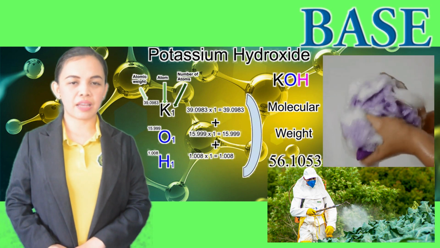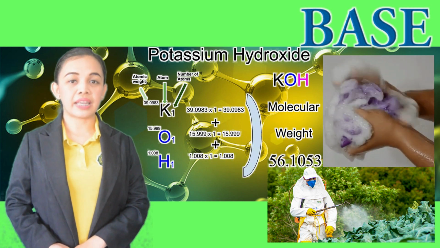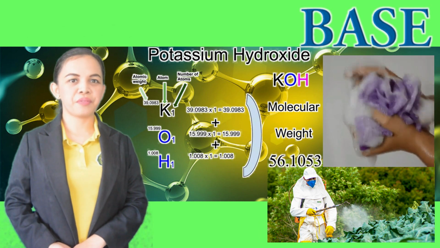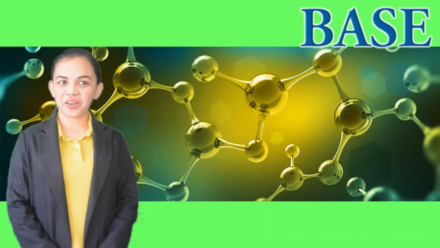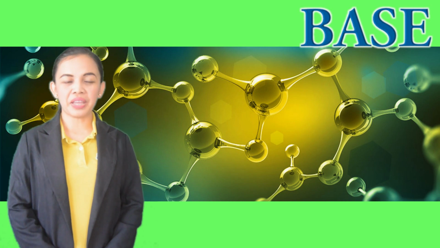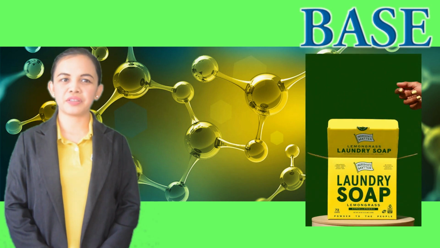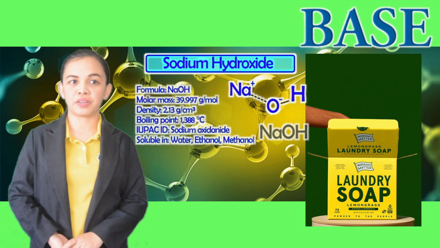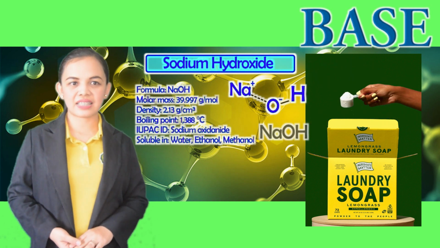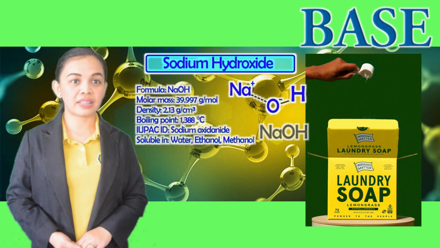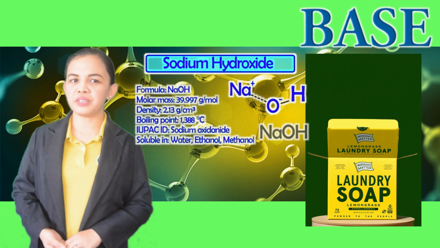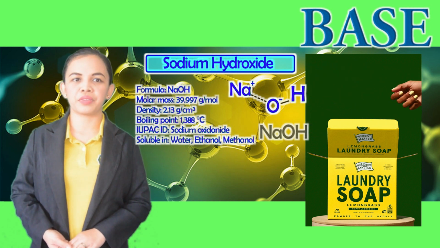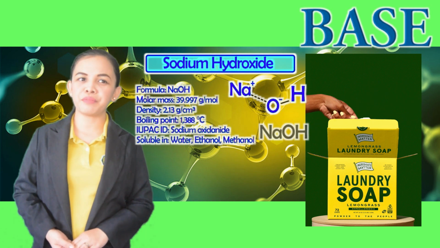What is its chemical formula? It is KOH. So, what's next? We have detergents or laundry soap. It contains sodium hydroxide. It is used in making soap, detergent, textiles, and even drain cleaners. It is commonly used as cleaning agent at home. So what is its chemical formula?